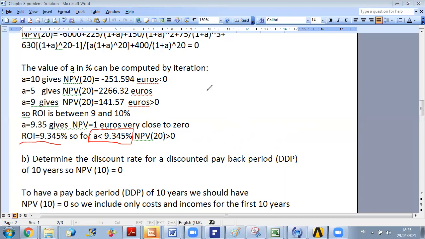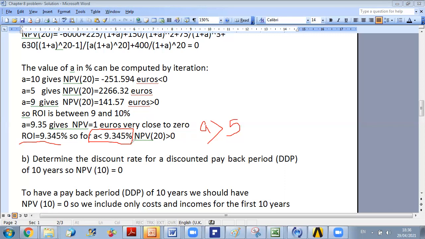In general, regarding confidence in the future, if a is larger than 5, this is a low confidence. If a is smaller than 5, it becomes a better confidence in the future. So even with a low confidence in the future, which is nearly 9.345, my net present value will just be positive.